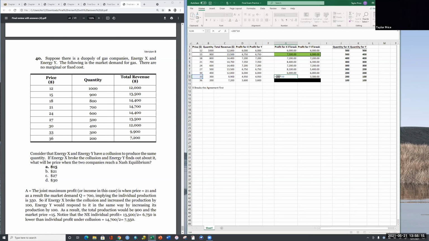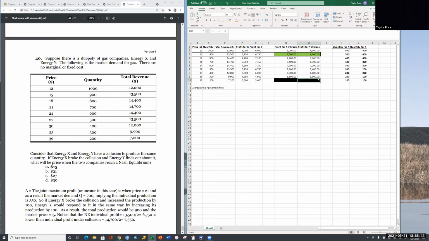So then they're going to take their new quantity of 200 and multiply it by the 33, or the price. But because firm Y did not cheat, they are still going to produce at the old quantity they were producing before, which was 100. They're going to get a lower price because firm X cheated, so they take 100 multiplied by the price at 33.